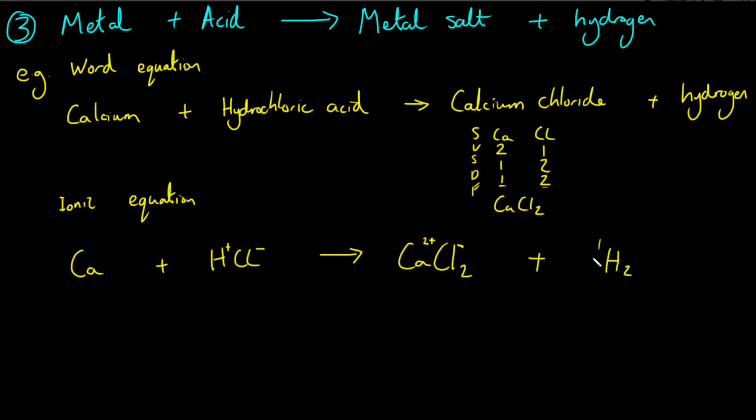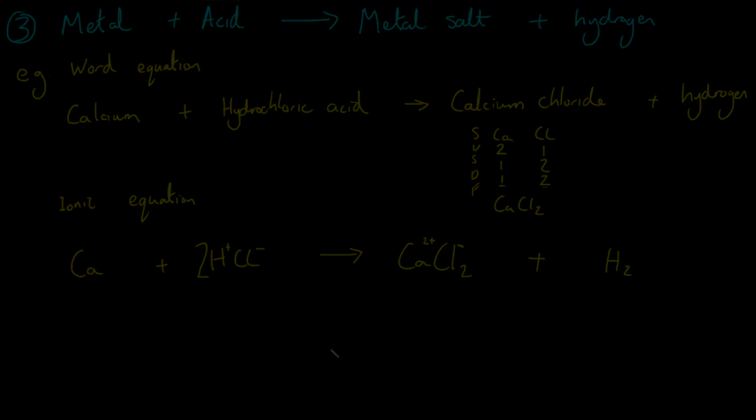And then let's balance this. I need a 2 here to balance it. And there we are. We have looked at all 3 different types of reactions with metals now: metal and oxygen, metal and water, and a metal and an acid. You need to know what they produce and be able to write out something like that ionic equation.